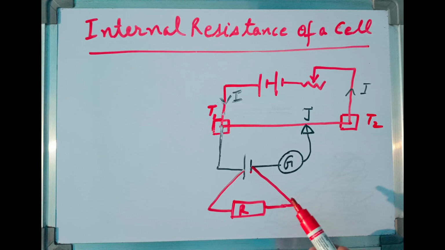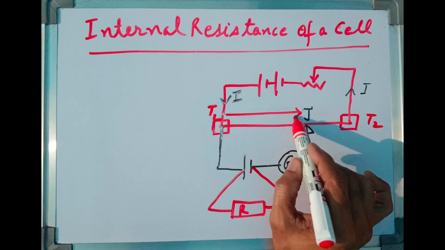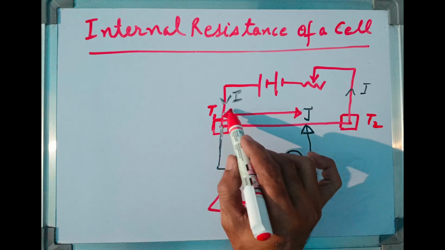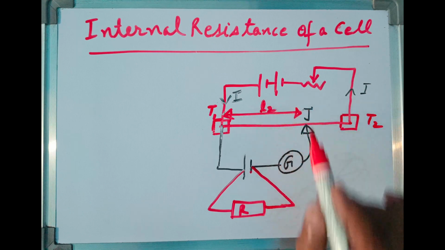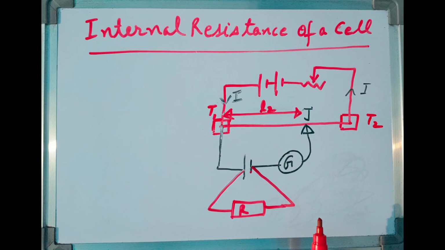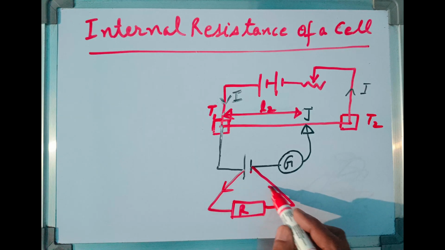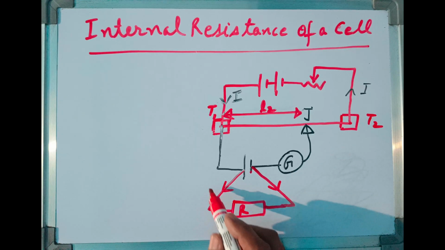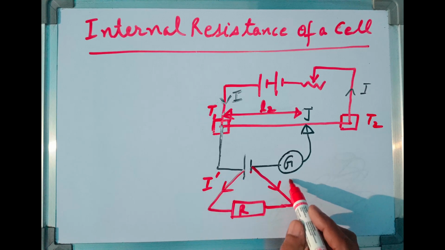Suppose in this case length of the wire at which galvanometer shows zero deflection is L2. In the previous step it was L1, and when we connect this resistance across this cell, some current will be drawn from the cell. Let me call this current as I dash.